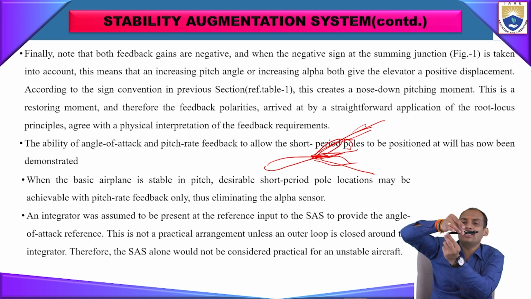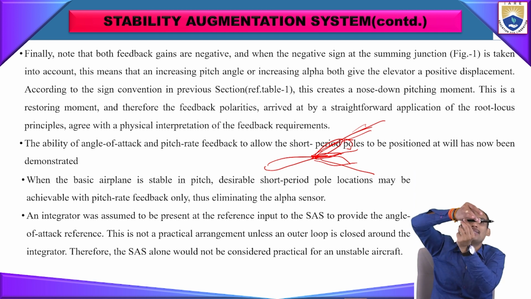When an elevator is applied, the pitch rate will go on slightly, and then immediately when the value reaches the maximum value, the elevator goes down. Due to that, this nose down moment will come. That means the negative moment will come.